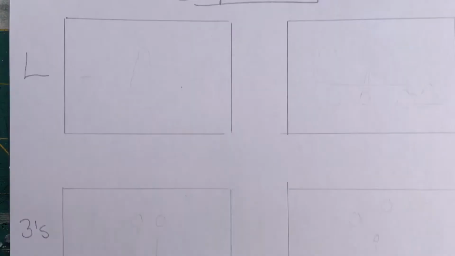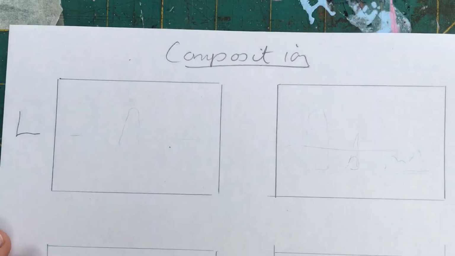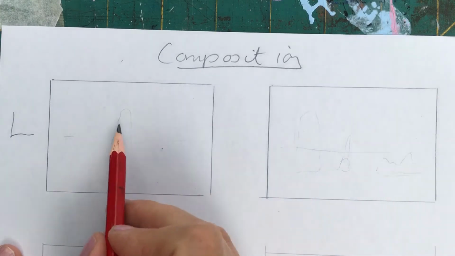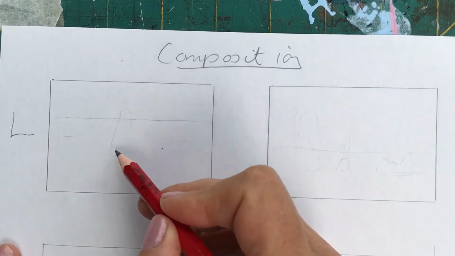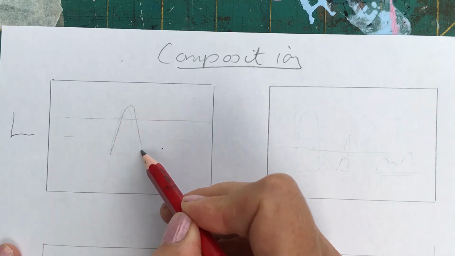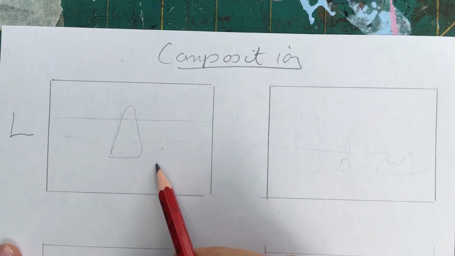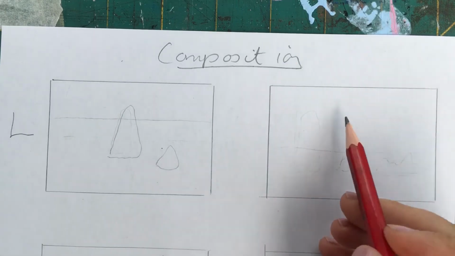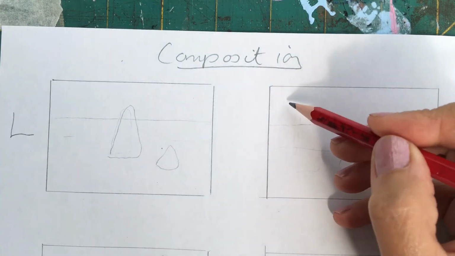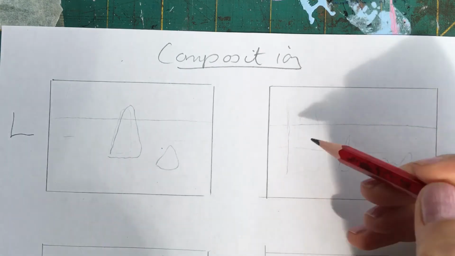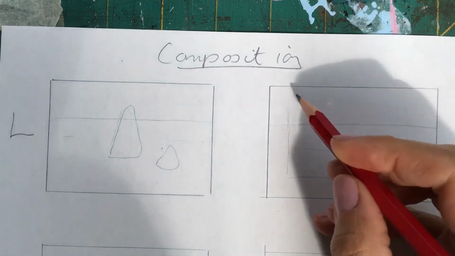The next one is L shape, L shape composition. Again, we've got our horizon. If you put a thing in the middle, it doesn't work, so maybe put something off to the side. Put the horizon in wherever you like, but work in an L shape now. Imagine there's an imaginary L here like this.